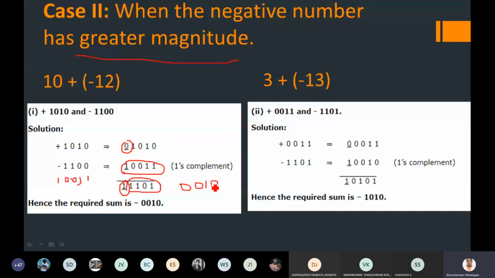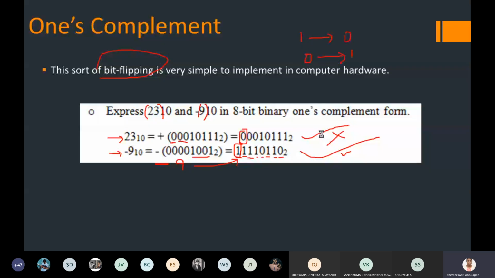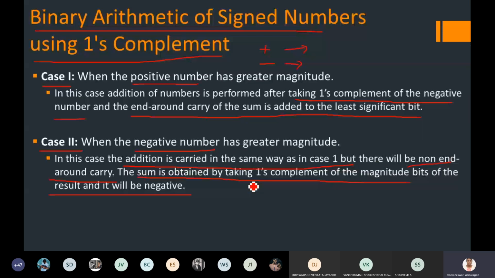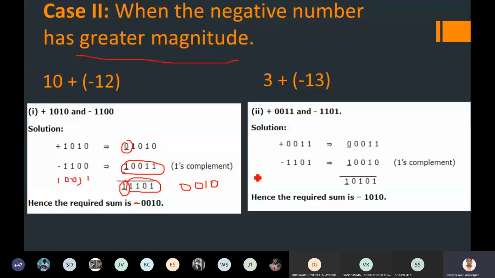You don't want to take the ones complement for the sign bit. Instead, this 1 represents that it is a negative number. This is the rule that I projected in the first slide. The sum is taken as the ones complement of the number bits of the result and it will be negative. So you have to take the ones complement of the number at the last time. This is the difference that you need to understand.